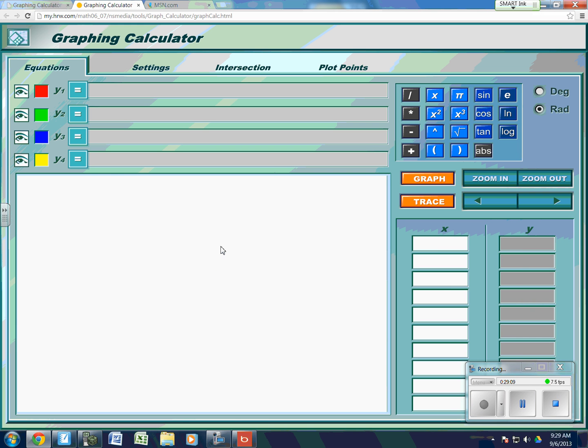You can type in your stuff right here. You can set your window right there. You can find your table over here. And you can use that calculator online. Also, if you got a smartphone, there's a couple of good apps. If you just type in graphing calculator, there's a couple of good apps on there that you can download onto your phone. And you can use that as well. Okay?